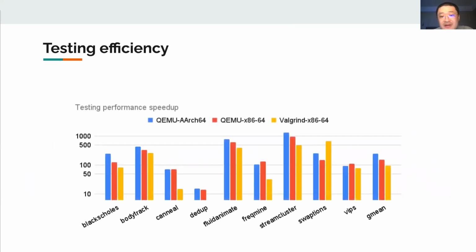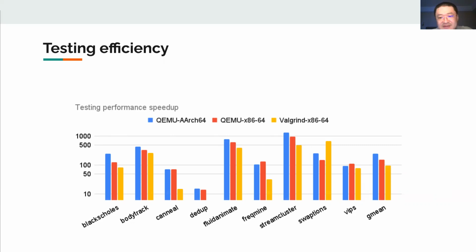We compare the absolute execution times of test programs generated by FADATest to the original benchmarks. The speedups are used to represent the testing efficiency. This figure shows the results of testing QEMU and Valgrind on different hardware platforms.